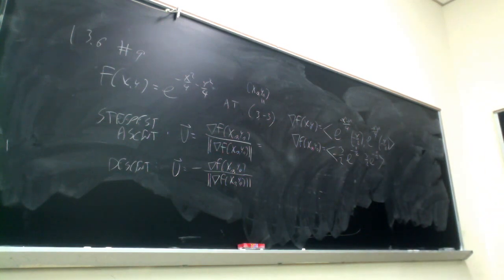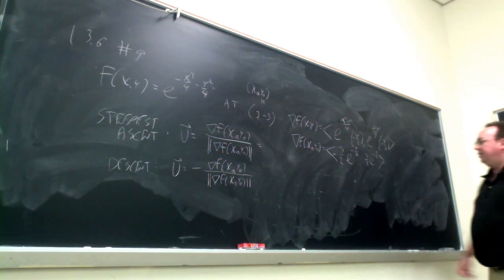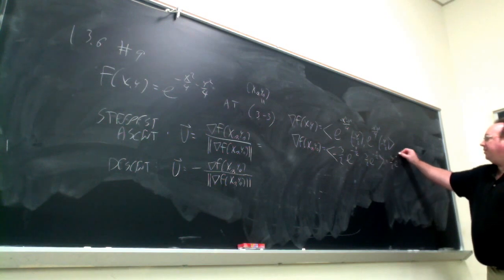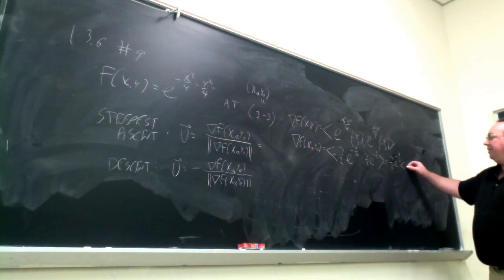Okay, and it's a good idea when you can, if there's anything you can factor out of vectors like these, to go ahead and do that. So for instance, if I factor out a 3/2 and e to the minus 9/2, all that's left is minus 1 and 1.